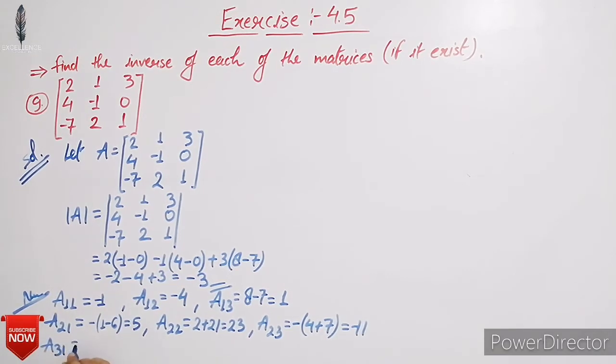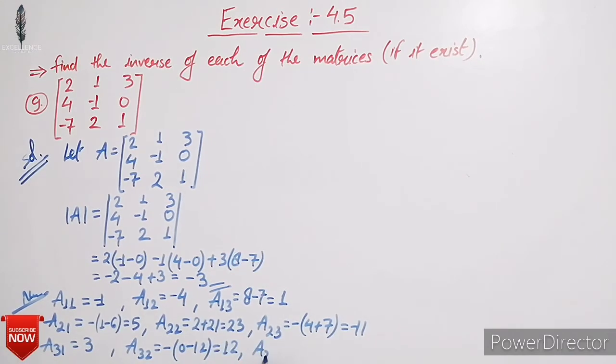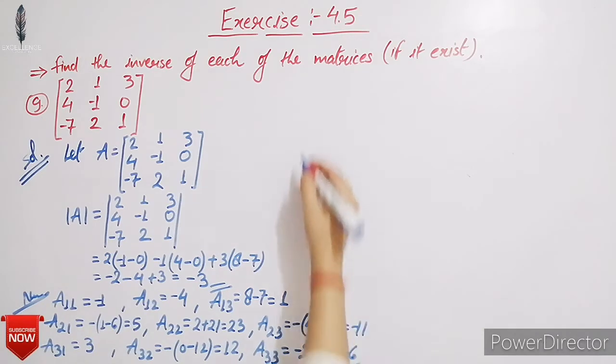And here A31 is equal to positive M31 on blocking third row first column, it is 3. And here A32 is negative M32 on blocking third row second column, it is 0 − 12, so here it is equal to 12. And last, A33 is equal to positive M33, that is −2 − 4, which is −6.